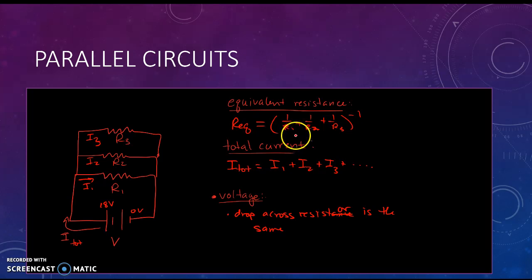So 1 over R1 plus 1 over R2 plus 1 over R3, add all of that together, take the reciprocal of it, and that's going to be the equivalent resistance of the circuit. Every time you add another branch, another resistor, you're going to lower the equivalent resistance of the circuit, and the current increases as a result of that.